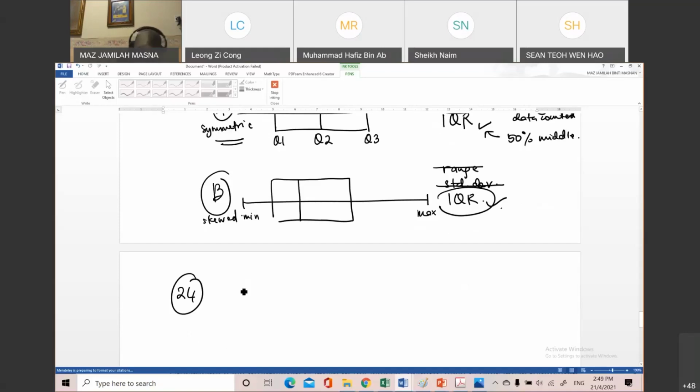For example, you have 2, 2, 3, 3, 5, 5, 5, 8, 8, 8, 15. So how many samples inside here, class? N is equal to what? How many?